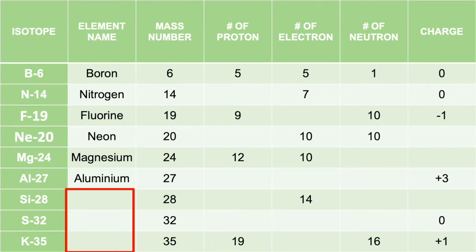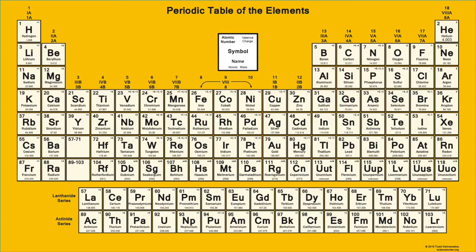The first missing or unknown element has a mass number of 28. It also has a symbol of capital S and small i. So, using your periodic table of elements, you are going to search for the element Si. The element Si is found under carbon and beside aluminium.